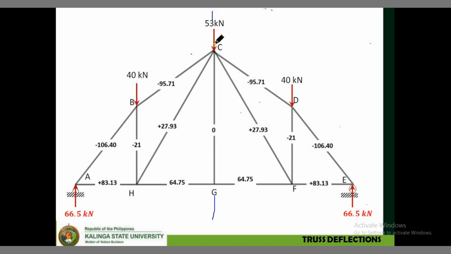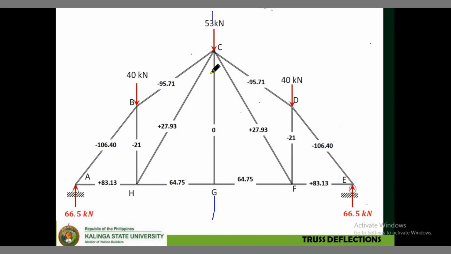So, since yung itsura ng ating truss ay pareho dito sa my left at pareho dito sa my right side, this is an example of a symmetric truss. Ganda background ko. And so, since symmetric siya, AB is the same as DE. If you try to mirror AH, the same siya sa may EF.